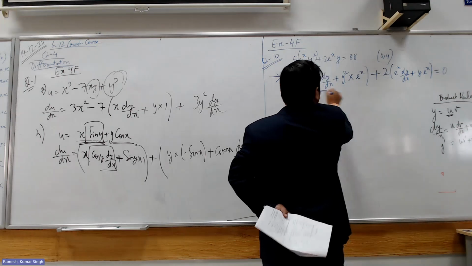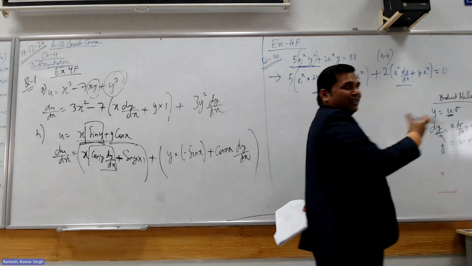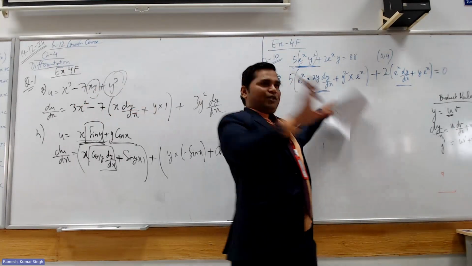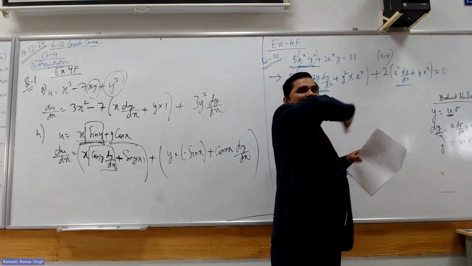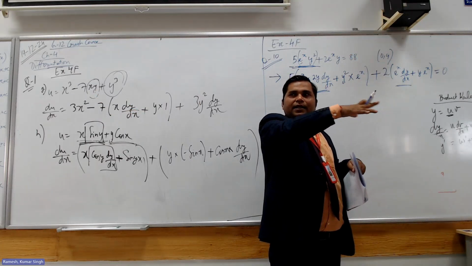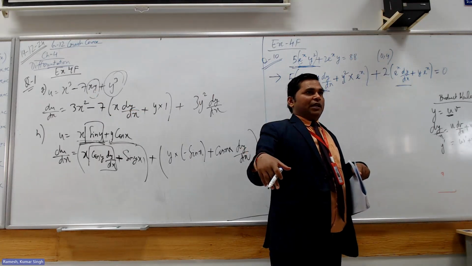So now you have dy over dx here and dy over dx here. Let's do the simplification. Keep the dy over dx terms on the left hand side and bring everything else to the right hand side, and get dy over dx from there.